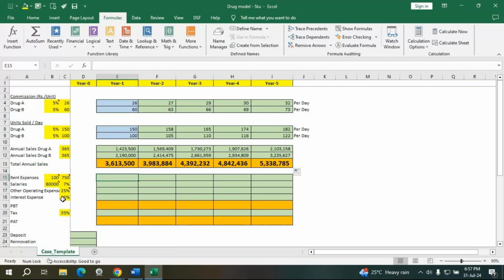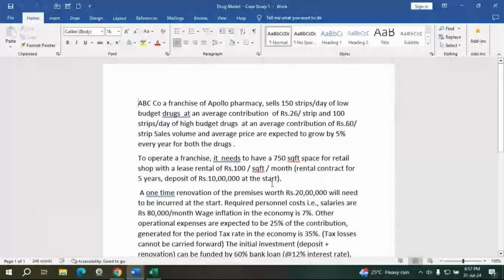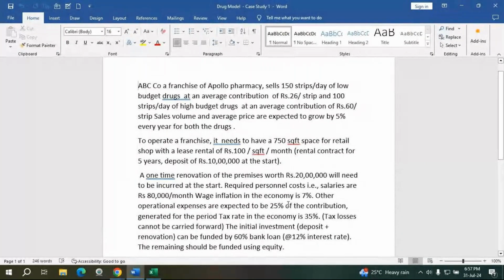Now next, coming to rent expenses. They are telling 100 rupees per square feet per month and 750 square feet. So it will be equals 100 into 750. This is per month, and I need to calculate it for 12 months, so into 12. In the case study, nowhere have they told that there is an increase in the rent or anything.